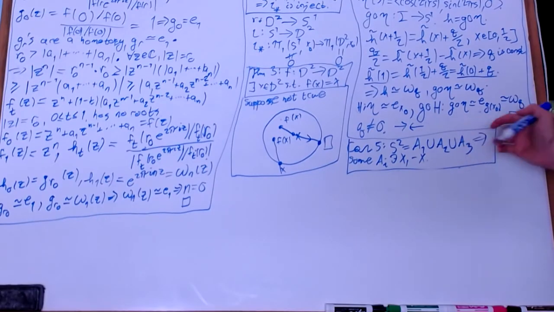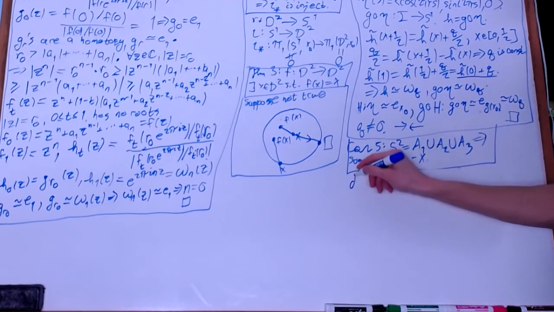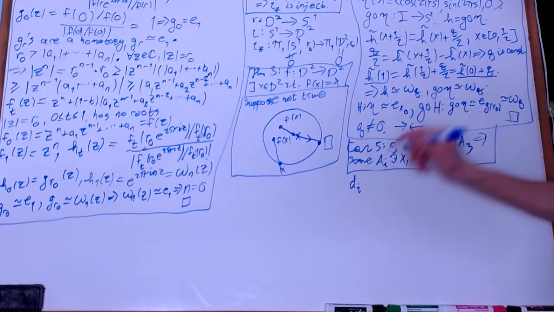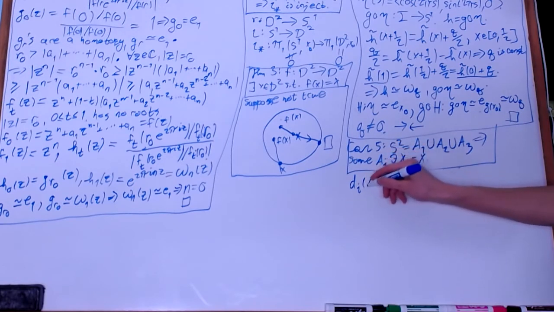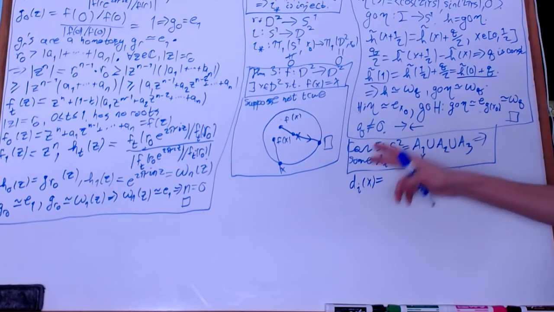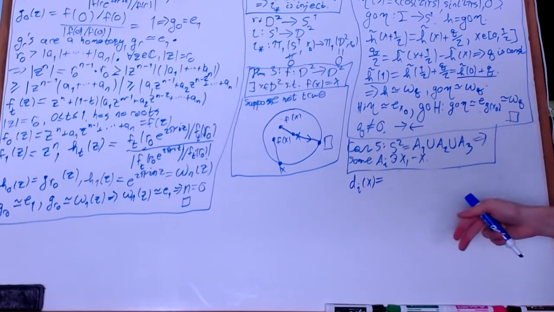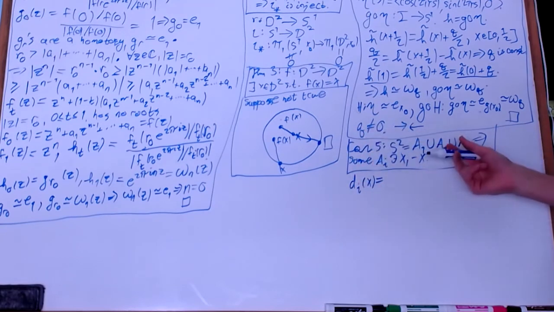So how exactly do we approach this proof? Well, I'm going to use a collection of distance functions, di. The way we define the distance, di, of some point x, this will be the distance between x and the set Ai. And this is for i equals 1, 2, 3.